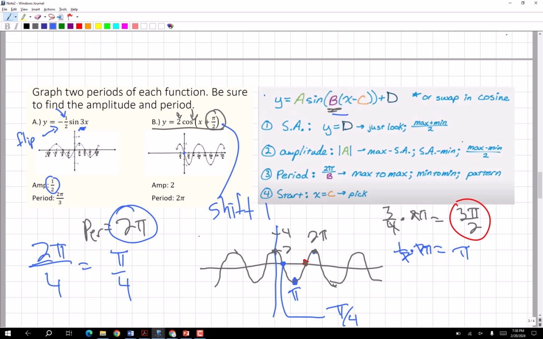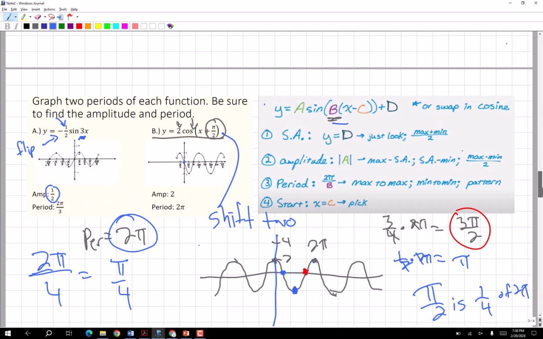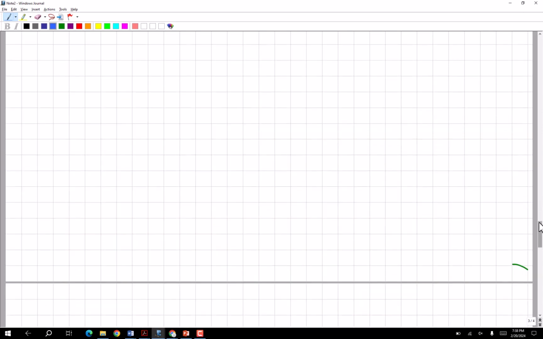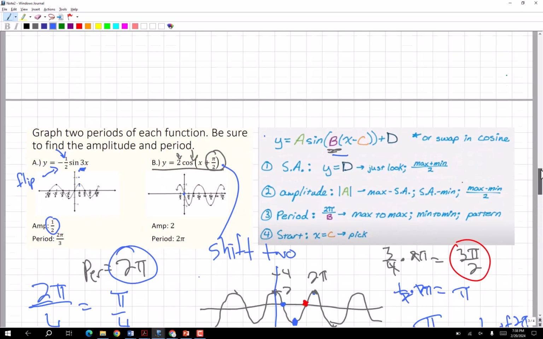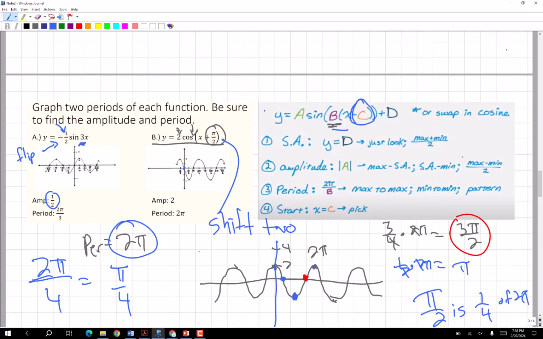Okay? So this is pi over 2, so I said it's going to shift one section. It's going to shift 2 sections. So I'm going to make that shift 2 sections. The reason why it shifted 2 sections is pi over 2 is 1/4 of 2 pi. Okay? This is confusing, that plus or minus.